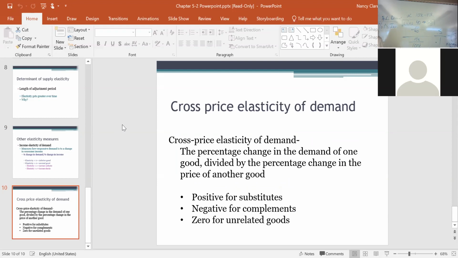Cross-price elasticity of demand would actually look at the price change of one good and how it affects the quantity demanded of another. So the percentage change in the demand of one good divided by the percentage change in the price of another. So it's still that quantity price calculation, but you're matching up two different goods. The price change of one good and the quantity demanded of another.